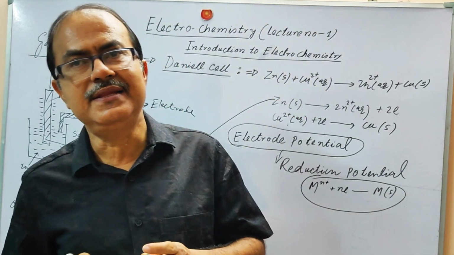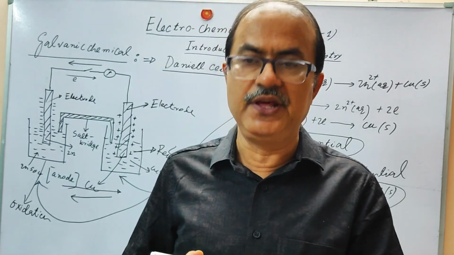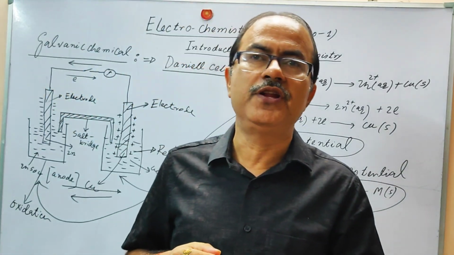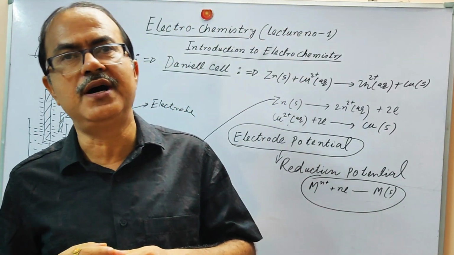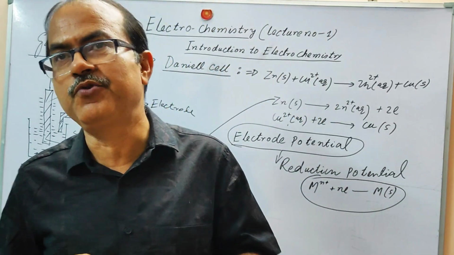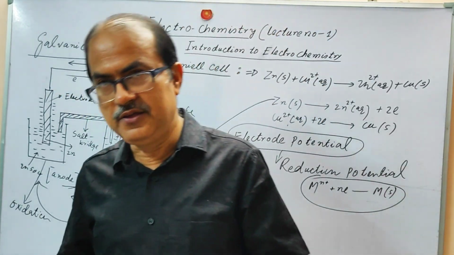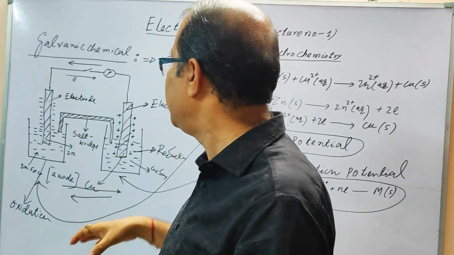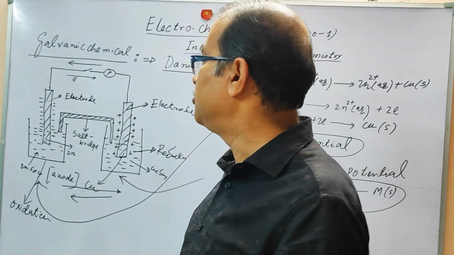So now we understand the electrode potential. That is very important. Electrode potential is basically the potential developed due to the tendencies of the different types of electrodes. You can see here, the zinc rod has the negative potential, while the copper rod has the positive potential.